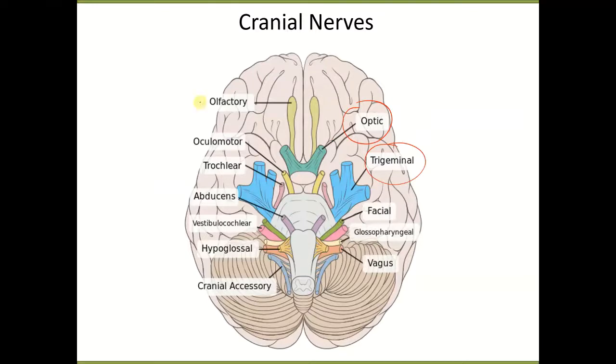So this is our first cranial nerve right here. That's the olfactory nerve. Our second cranial nerve, optic nerve. Third cranial nerve, oculomotor. Fourth cranial nerve, trochlear. Fifth, trigeminal. Sixth, abducens.